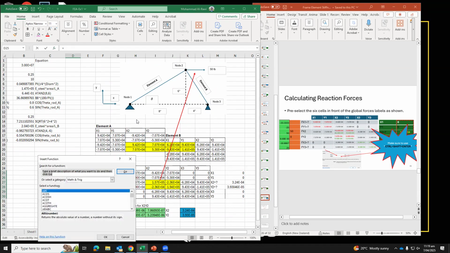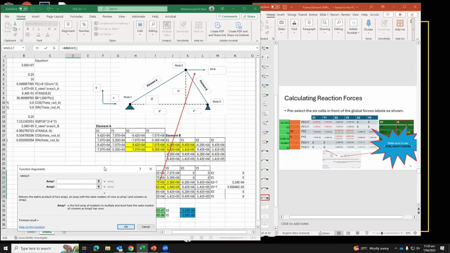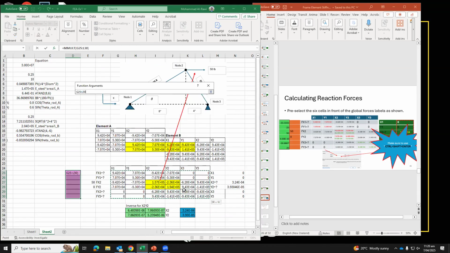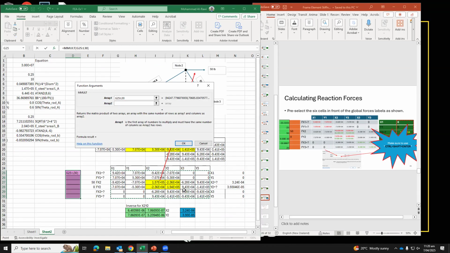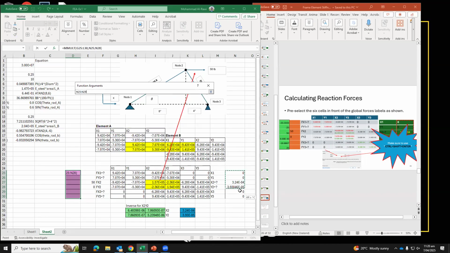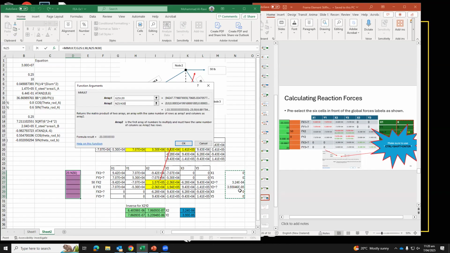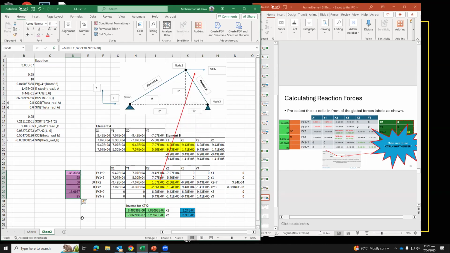Go to functions, make sure it's math and trig, search for MMULT, because Excel asks what you want to do. So first I'll select the inside array, which gives me all the values for K inside. And secondly, I need the values for the displacements, and then click OK.